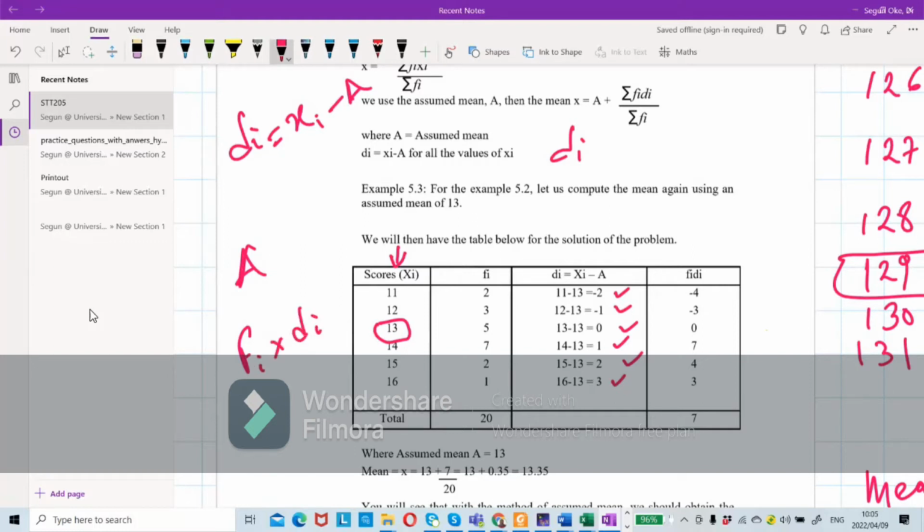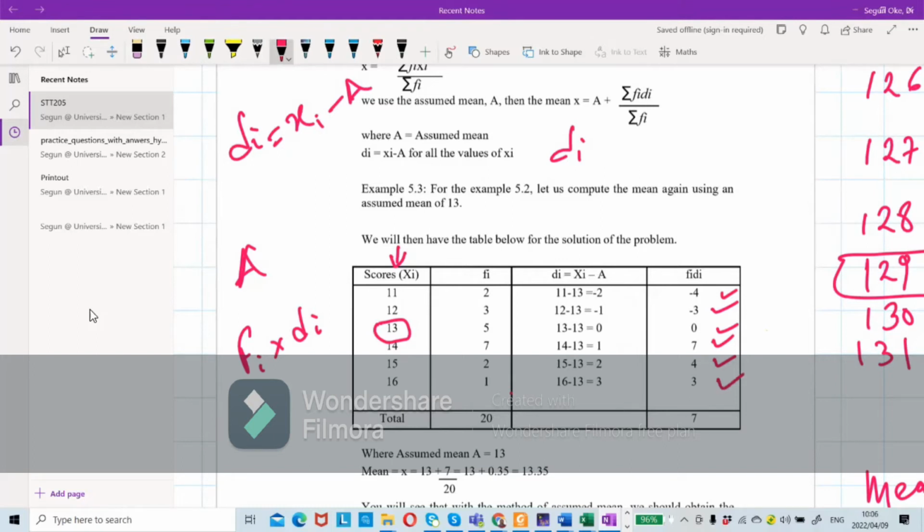So that's why we have here: minus 2 times 2, minus 4. Minus 1 times 3, minus 3. 0 multiplied by anything is 0. 1 multiplied by 7, 7. 2 multiplied by 2, 4. 3 multiplied by 1, 3.